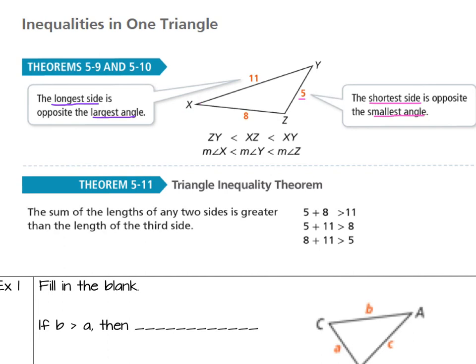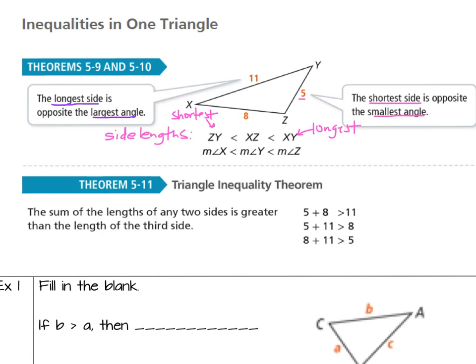Down below, we've got a compound inequality that compares them. Taking a look at the first row, these are side lengths, and they're written from shortest to longest.